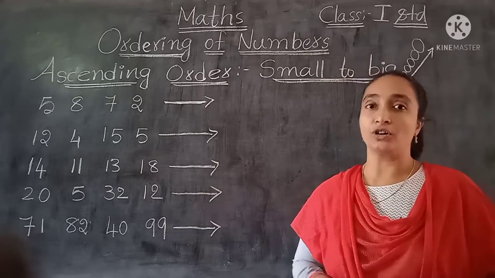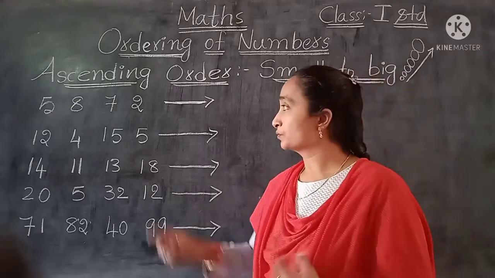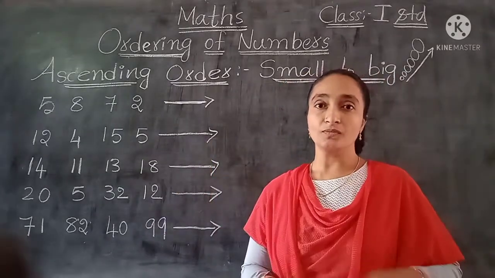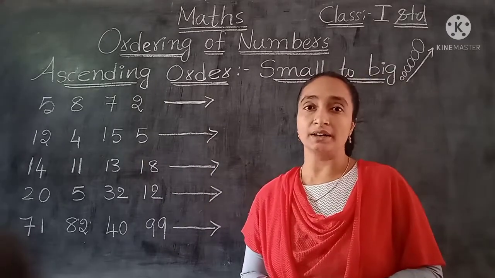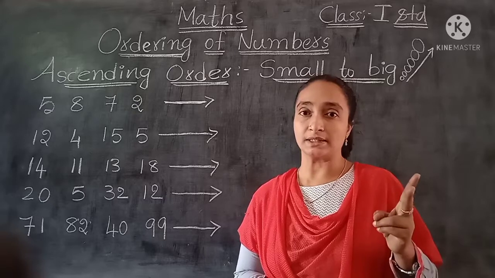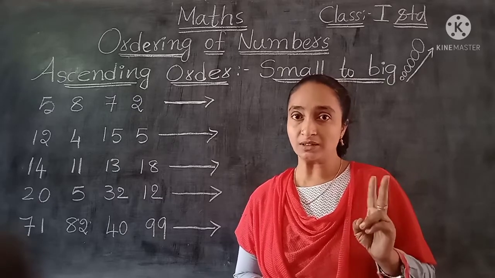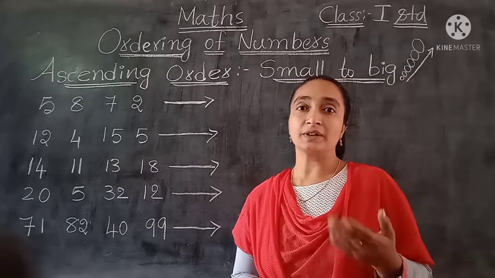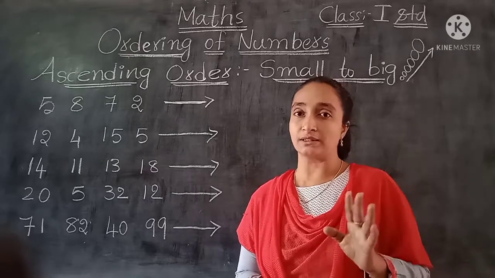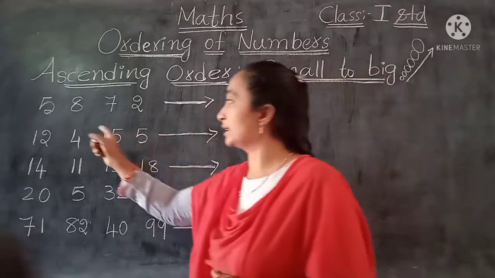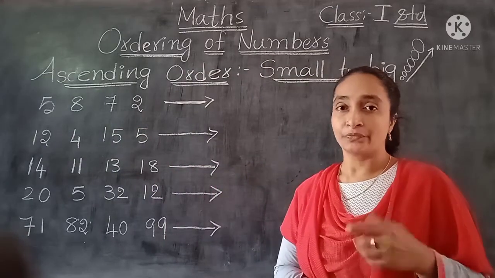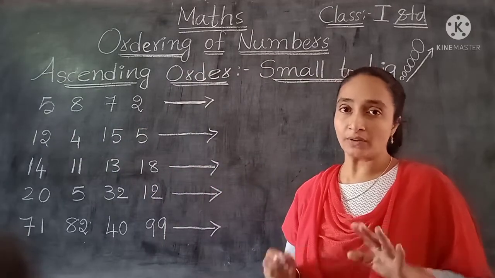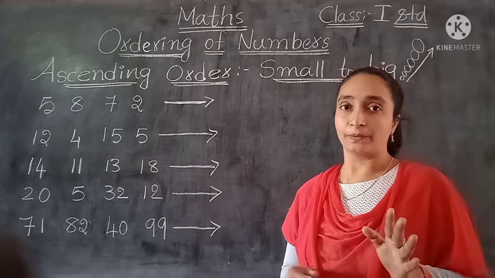First of all, we have to check whether these numbers are 1 digit or 2 digits. Here, when we see, all are 1 digit numbers, so easily we can find out.